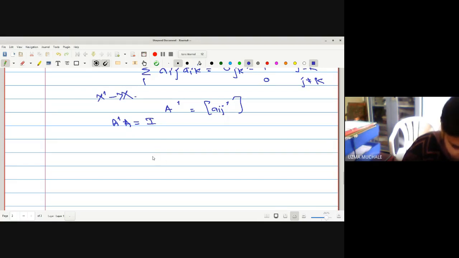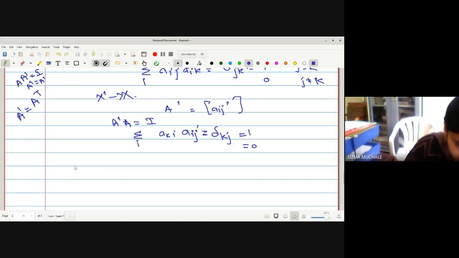Now we have the condition: summation aki aij dash, that is the orthogonality condition, is equal to delta kj, which is equal to 1 or 0. Now we have to consider the double summation. Why? Because in this part we are going to prove this A dash is nothing but A transpose. Just now we have proved A into A dash is equal to identity, that means A inverse is A dash. Okay, now let us consider the double summation.